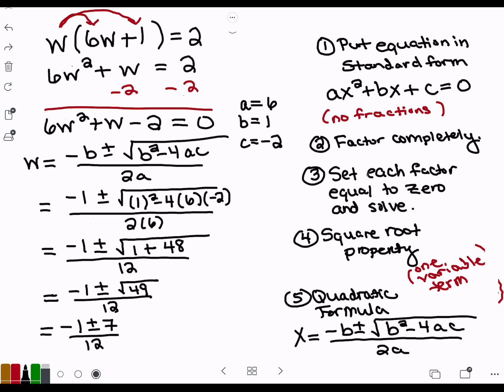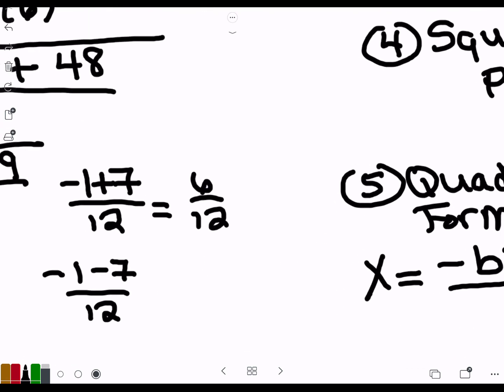That creates two different answers. So let's write both of the answers down, right? It's going to be negative 1 plus 7 over 12, and then negative 1 minus 7 over 12. So let's zoom in and see what two answers we get for that. That's going to be 6 over 12, which reduces into 1/2.